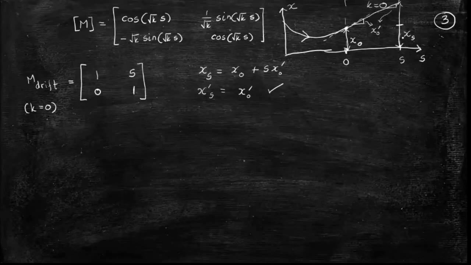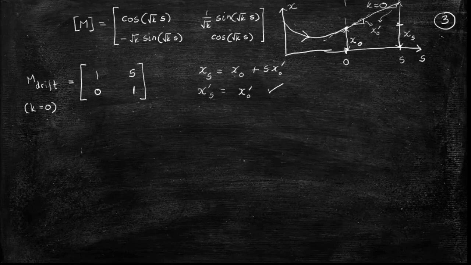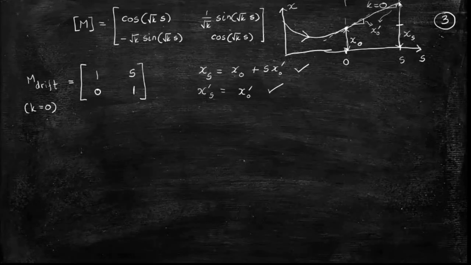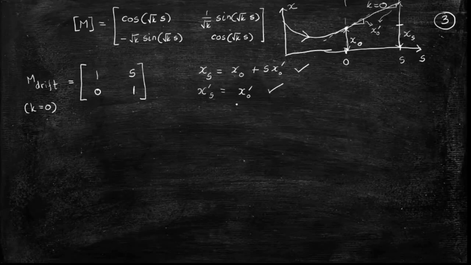So xs is x0 plus x0 prime times the distance traveled, s. That explains the first equation also. Both equations clearly follow what you expect logically for a region where no fields are present. Is this okay for everyone? Yes, sir. Very nice. So now we have confirmed this.